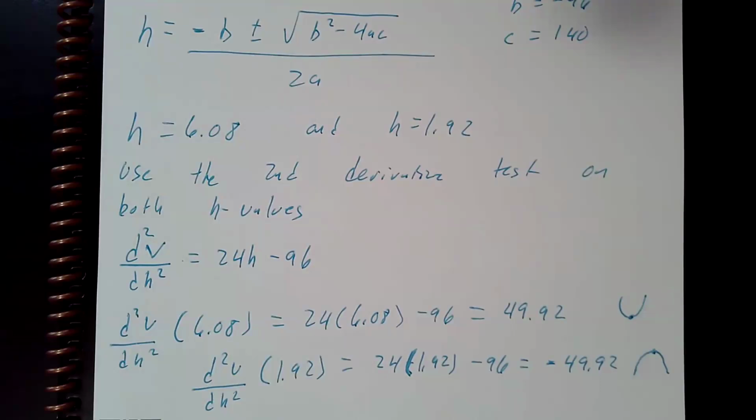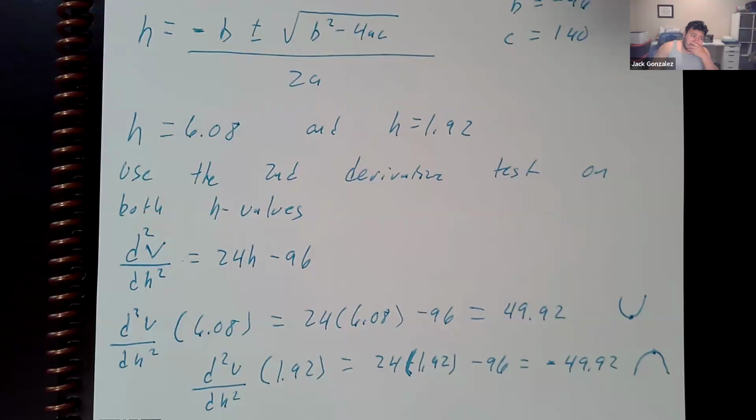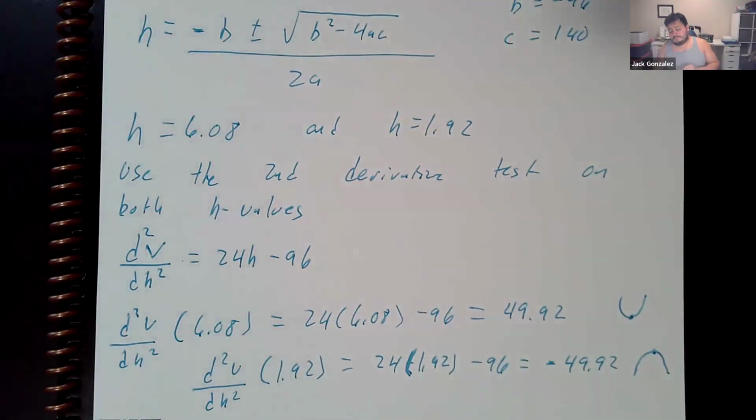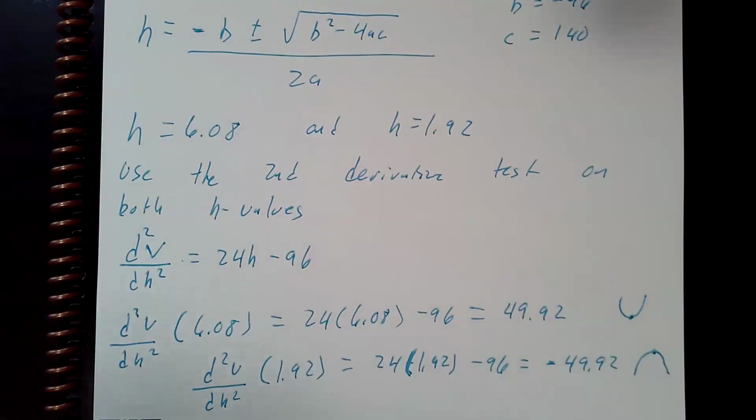A question: if you know the 6.08 is up, wouldn't that imply that the next one is down? It should, yeah. Since we're maximizing volume, it should, but we should always check, since I can't prove that it's guaranteed, just in case there was a third root that we didn't get or something.